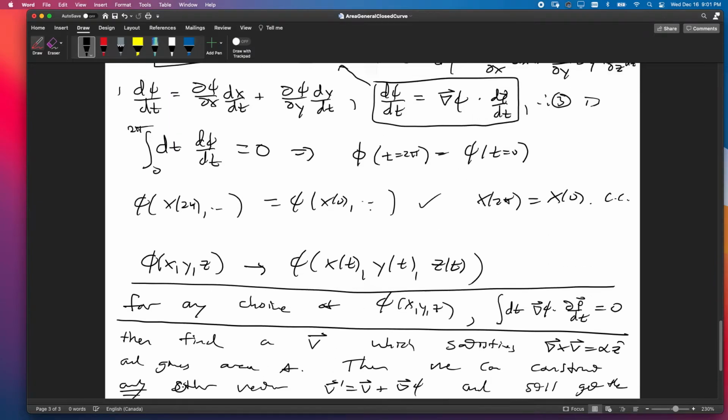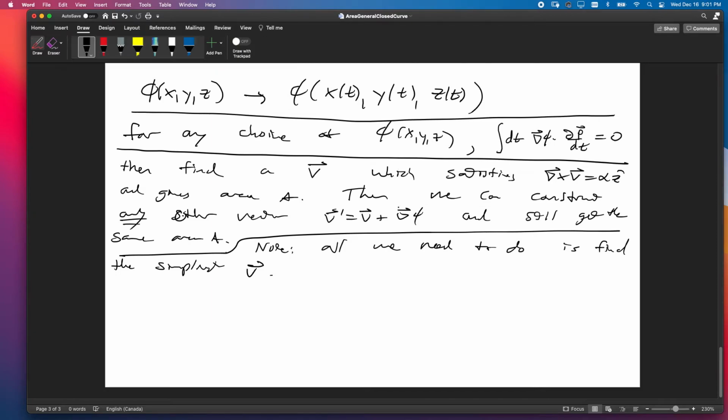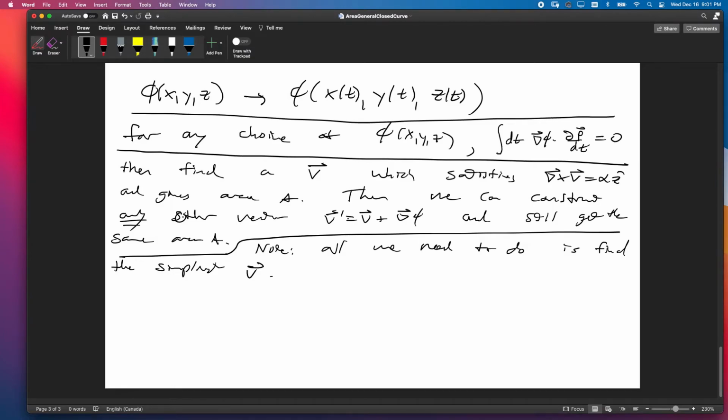We don't have to make our life hard. We don't have to find the most general v, because we know that we can always make v as complicated as we want, and the simplest v and the most complicated v give the same area. So we're free to just use the simplest one.